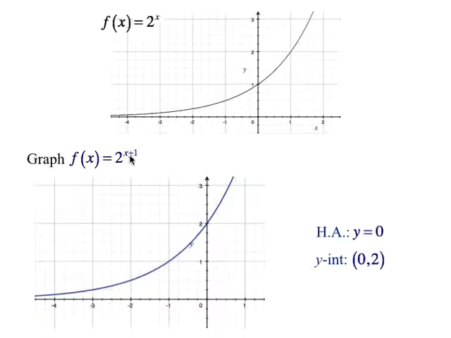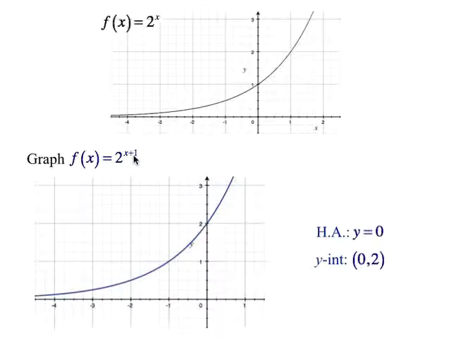Now when you put 1 in for x, it's going to be the same value as if you had put 2 in for x. So effectively, if we wanted the same y value, we need to go to the x value that's 1 less. So the x value of 1 less is essentially moving to the left 1. That's the way I think about it.